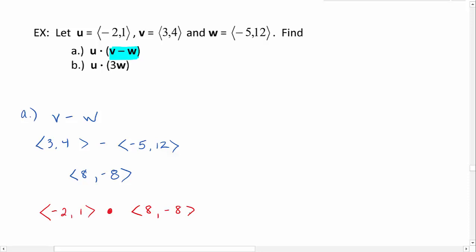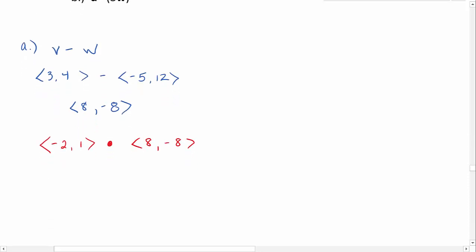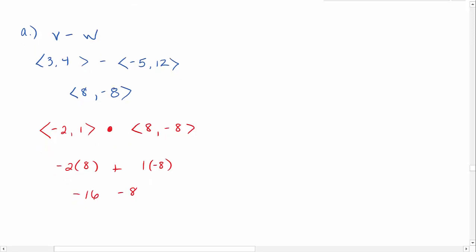You'll notice when I drew in the dot for dot product, I made it super bold. I encourage you to do that so it's not confused with any other operation. So we'll multiply our first two components together, our second two components together, and then add those products. That's negative 16 minus 8. We get a dot product of negative 24.